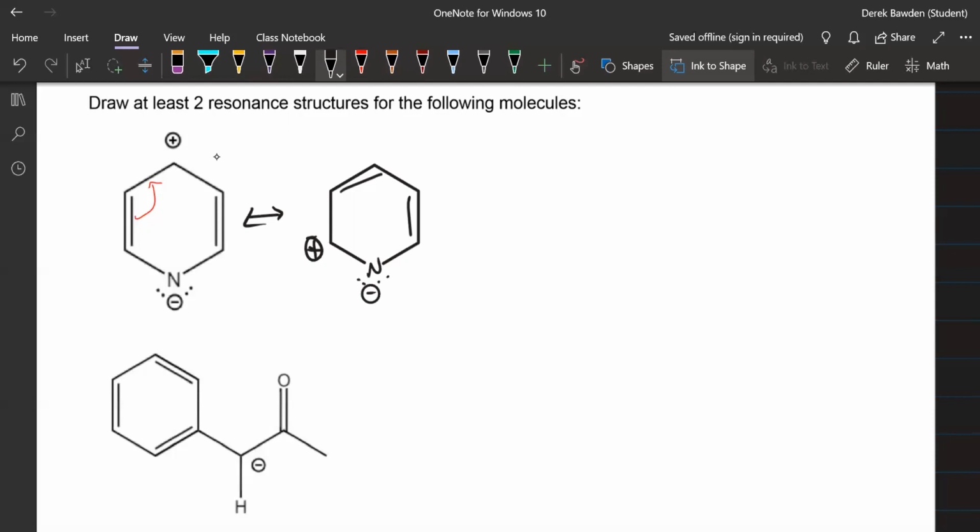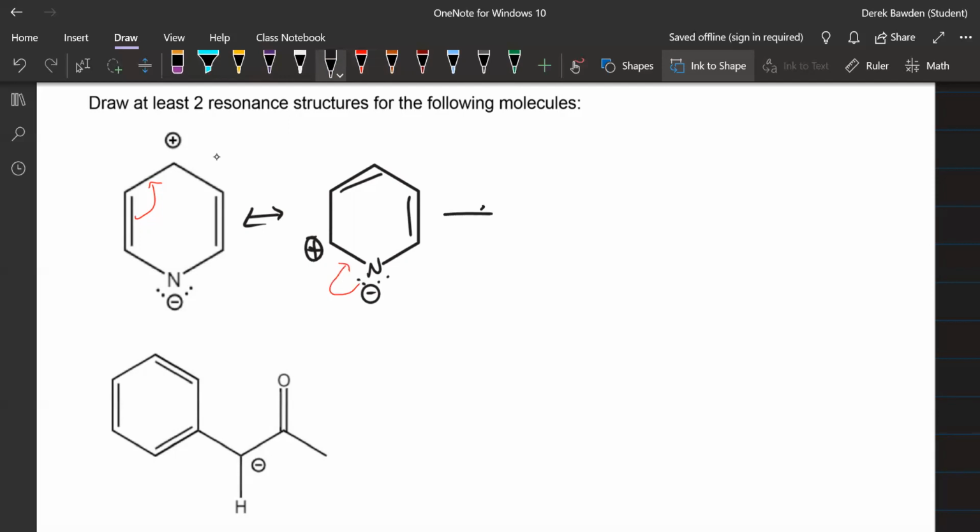Awesome. So again, we look at this and we say, what's unhappy and how can we fix it? Well, now the nitrogen's unhappy and the carbon's still unhappy, but let's go ahead and move these electrons onto here and form a double bond.